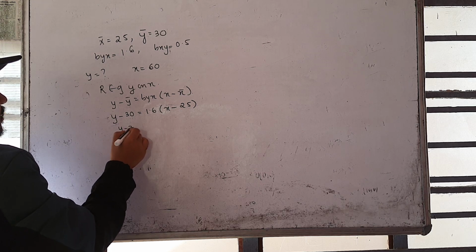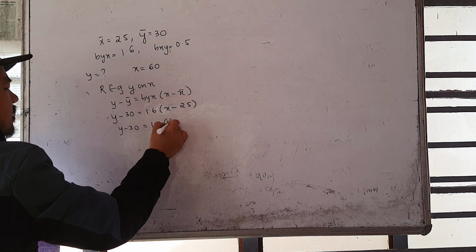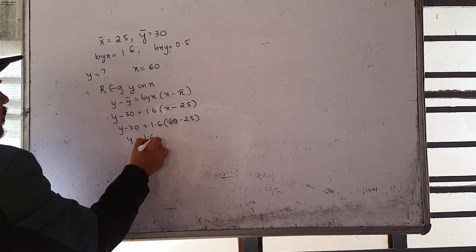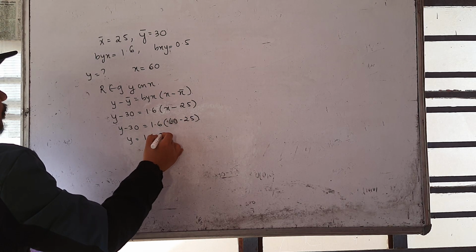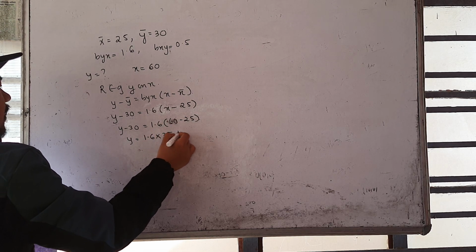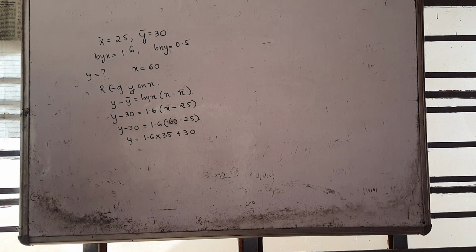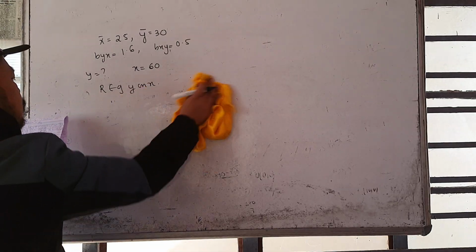So y minus 30 equal to 1.6 into what is x that is given to us? 60 minus 25. So y equal to 1.6 into 60 minus 25. How much is that? 35 plus 30. You can directly use the scientific calculator and get the value. Is it clear, everyone? Okay. So this also you have understood.